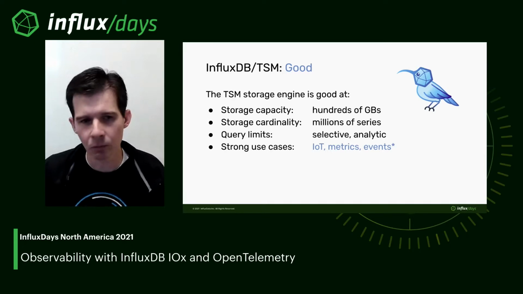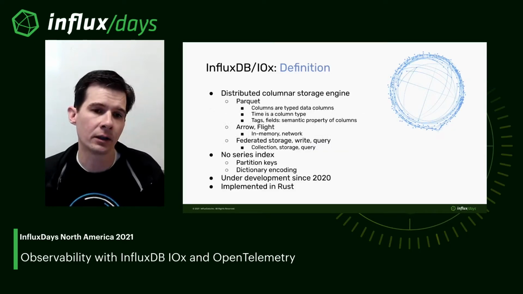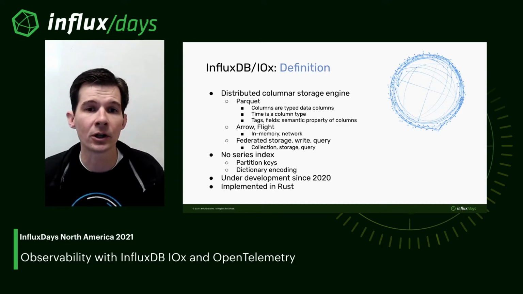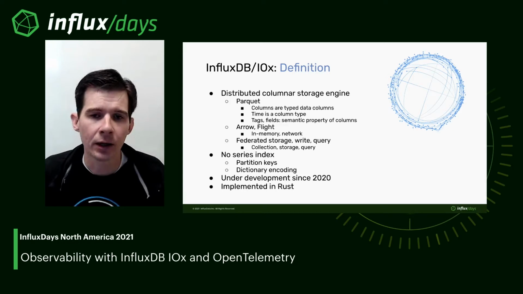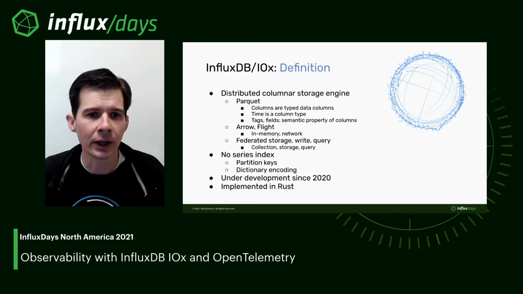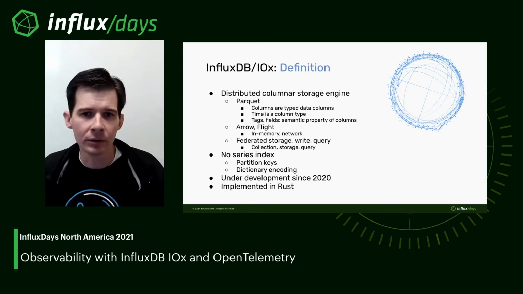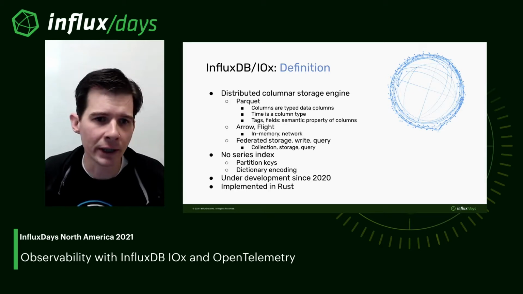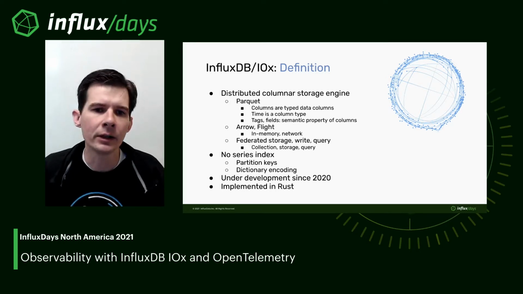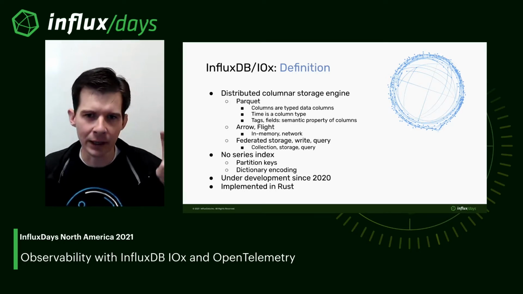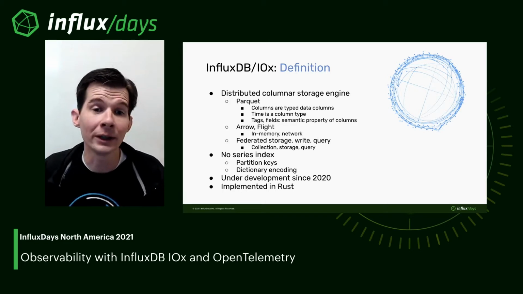So we will now contrast that with IOx, which is our next generation storage engine for InfluxDB. It's been in development for over a year now. The native IOx file format is Parquet, which is an open source column-oriented data storage format. Parquet is a very common format in the big data ecosystem. It's been around long enough to enroll in the 2nd grade.